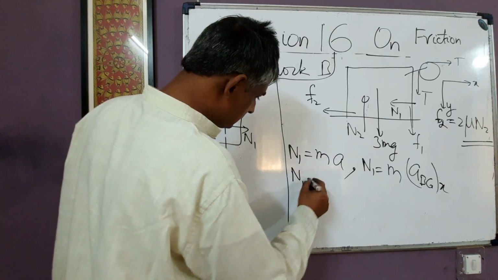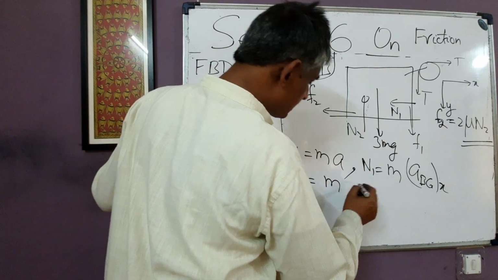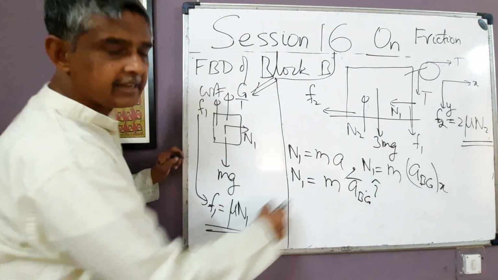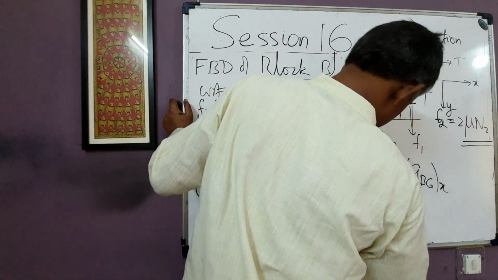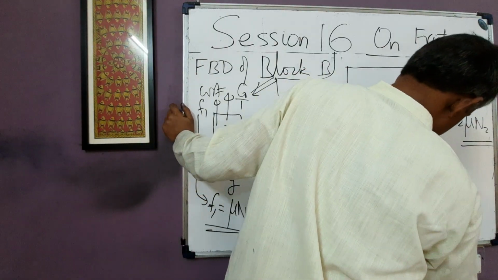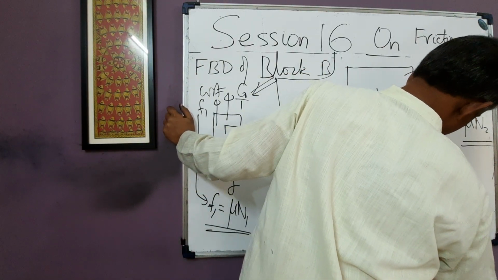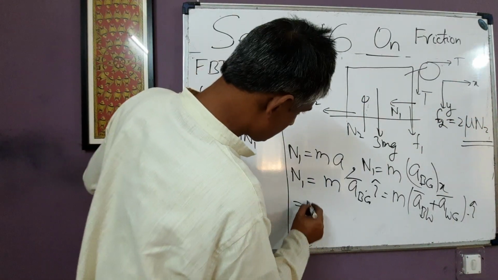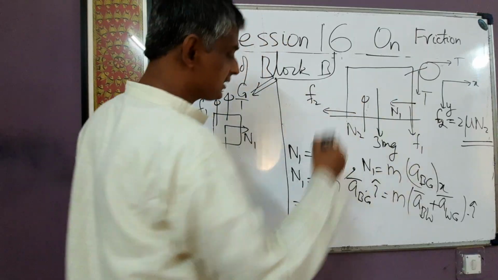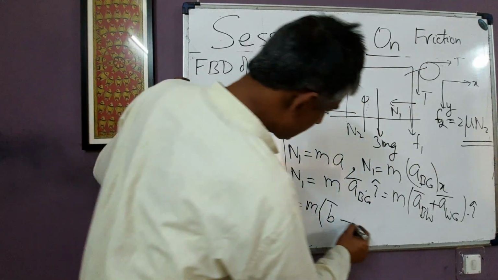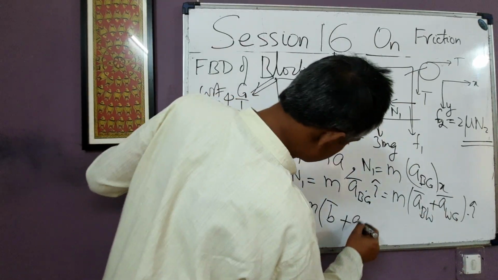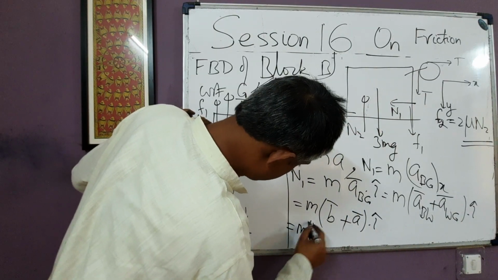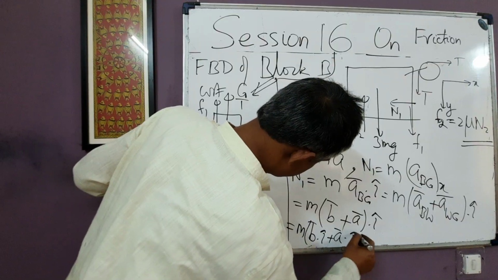So N1 becomes M times ABGX, which is the component of ABG along x-axis, the unit vector along x-axis being I hat, dot with this. So this becomes M times ABG, which is written as ABW plus AWG, dot I hat. Now ABW is acceleration of block with respect to wedge, which is vector B, and AWG is acceleration of wedge with respect to ground, which is vector A. This becomes B dot I hat plus A dot I hat.